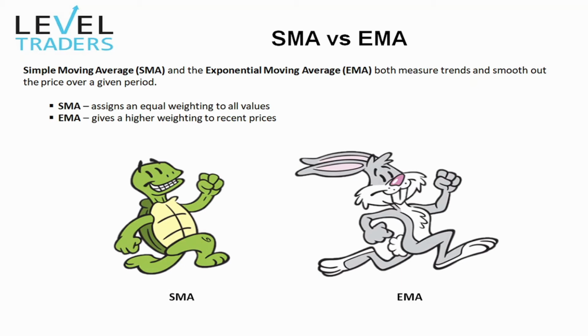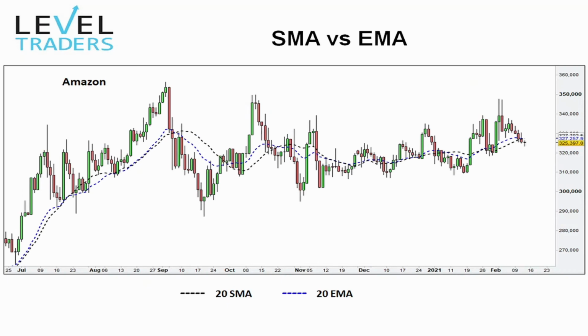So to illustrate that point further, let's have a look at an example of it on the chart. So here I've got Amazon. It's a daily chart we're looking at, and it contains the 20-day moving average. I'm using the simple moving average in black and the exponential moving average in blue. And you can see the subtle difference in the two, right?